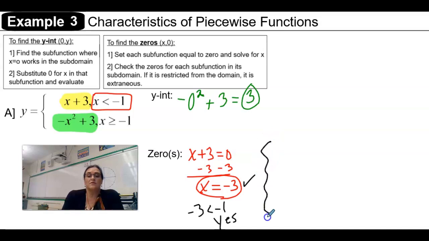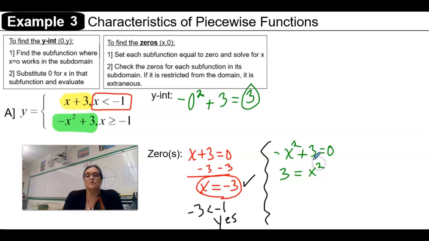Next, we're going to look at the quadratic subfunction, -x² plus 3, and we set that equal to 0. Okay, and when I add x² to both sides, I'll have 3 is equal to x².